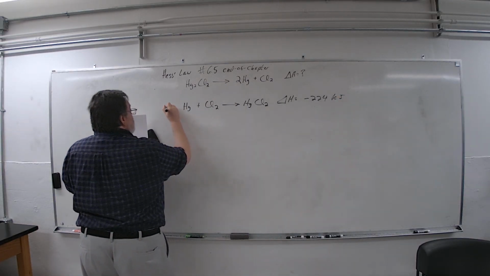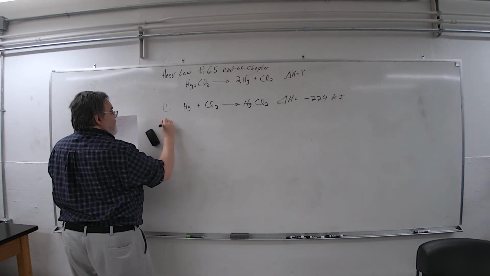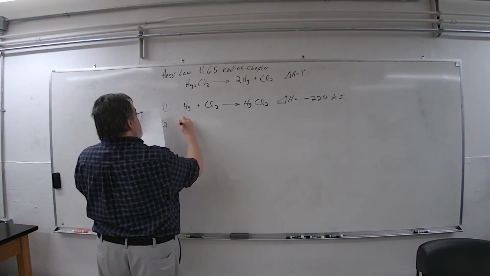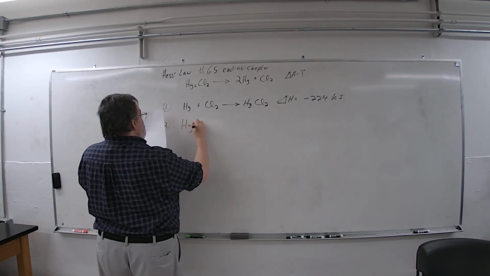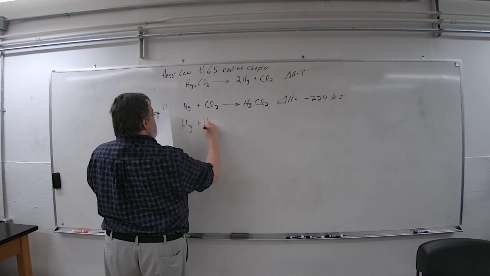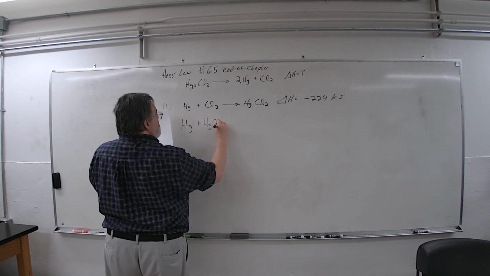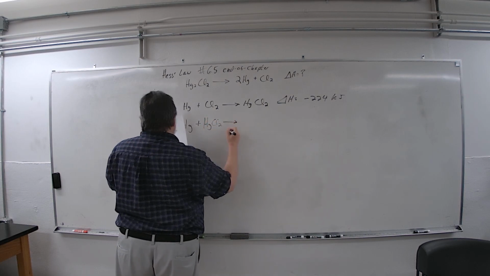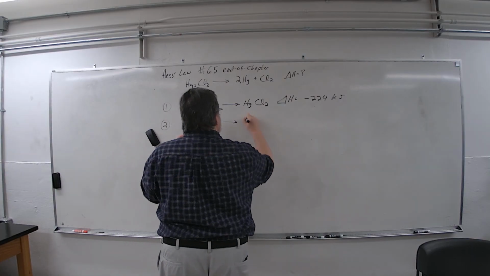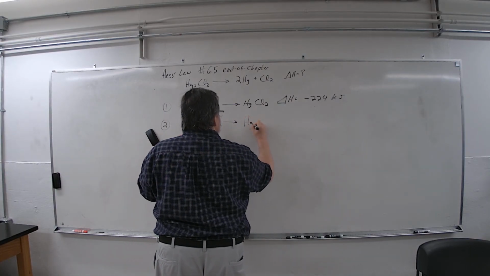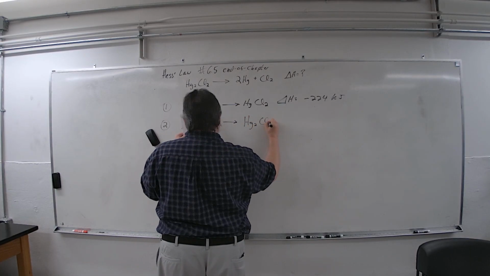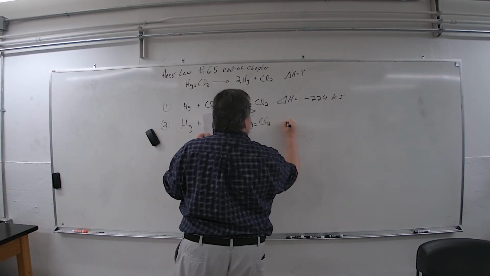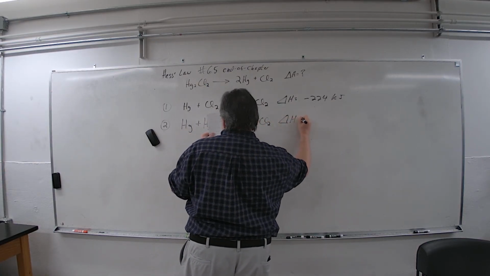Given this reaction, we're given another reaction, Hg plus HgCl2 to Hg2Cl2, delta H equals.